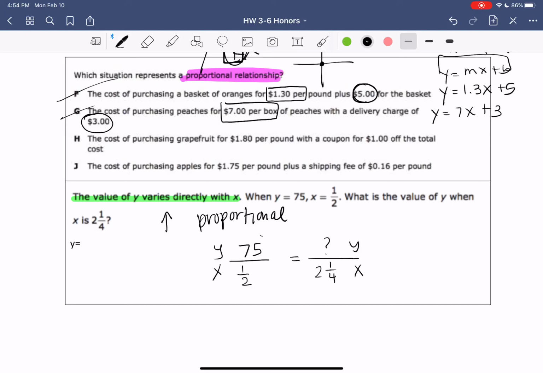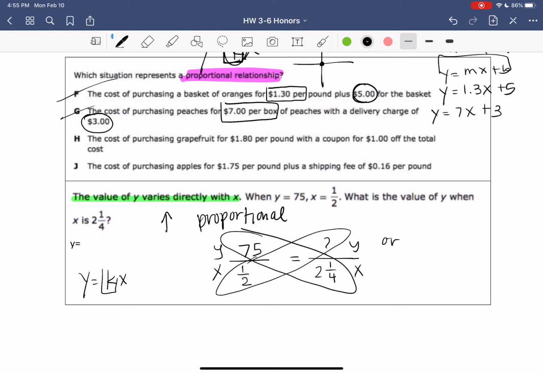Then you can cross multiply and divide, or you could use y equals kx to solve for k. You could substitute 75 equals k times 1/2.